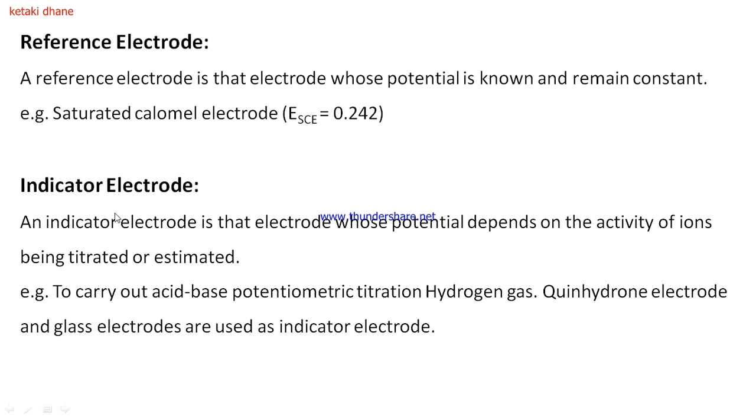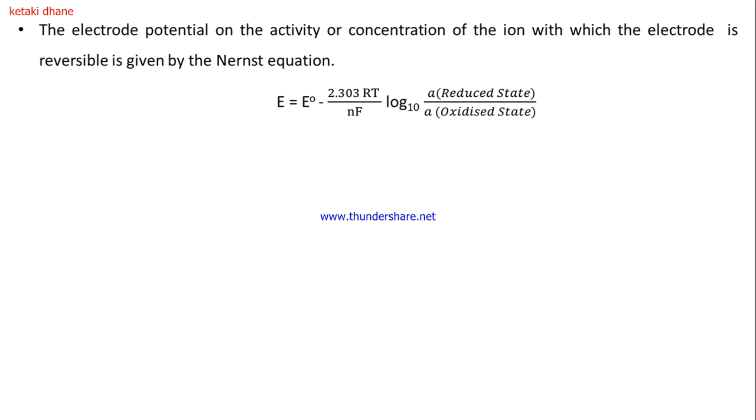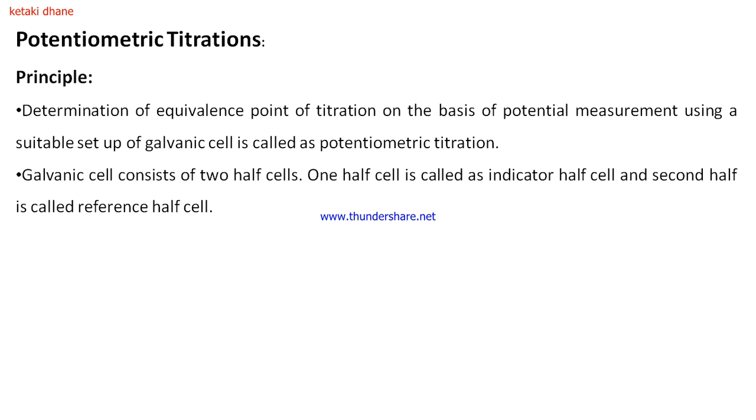When we do an acid-base potentiometric titration, the quinhydrone electrode and the glass electrode are used as indicator electrodes, because they change their potential depending on the reaction proceeding in the potentiometric cell.